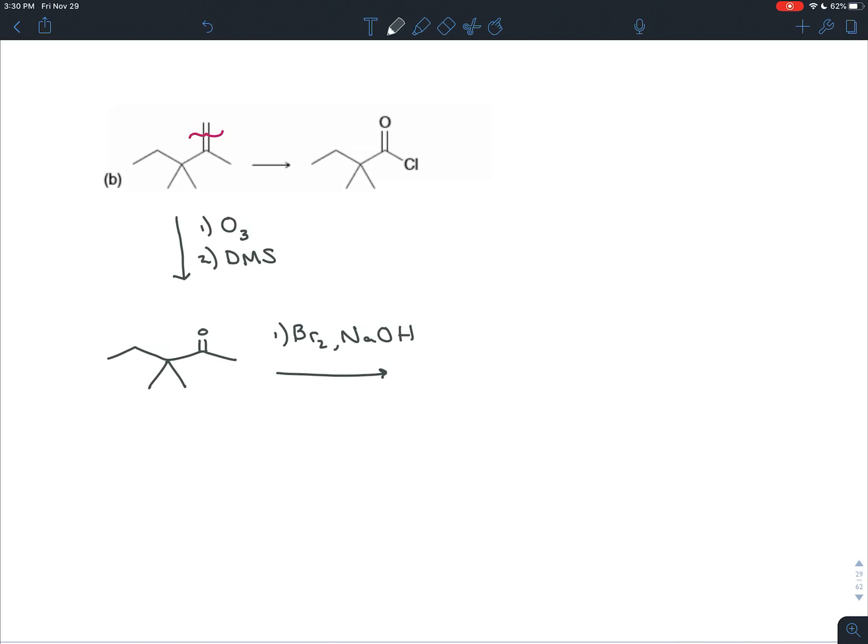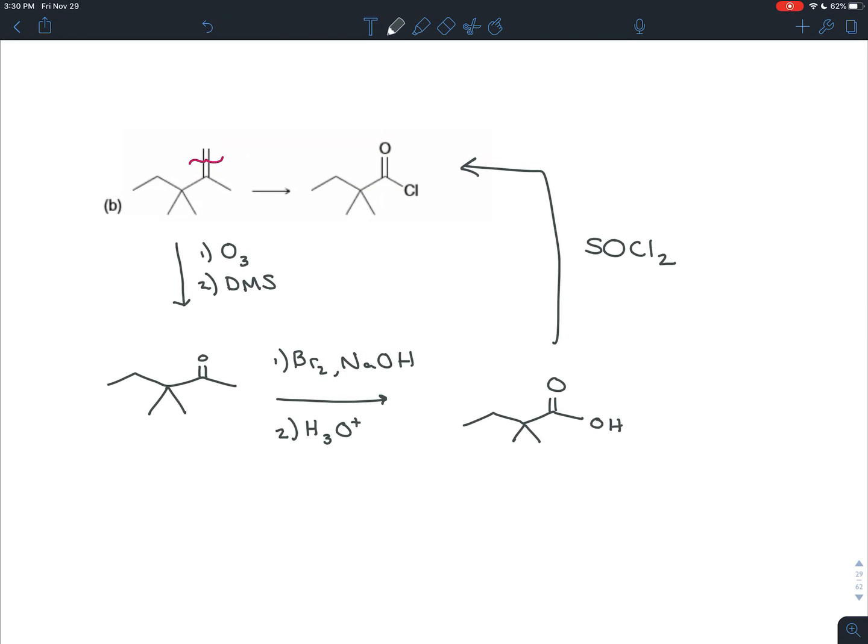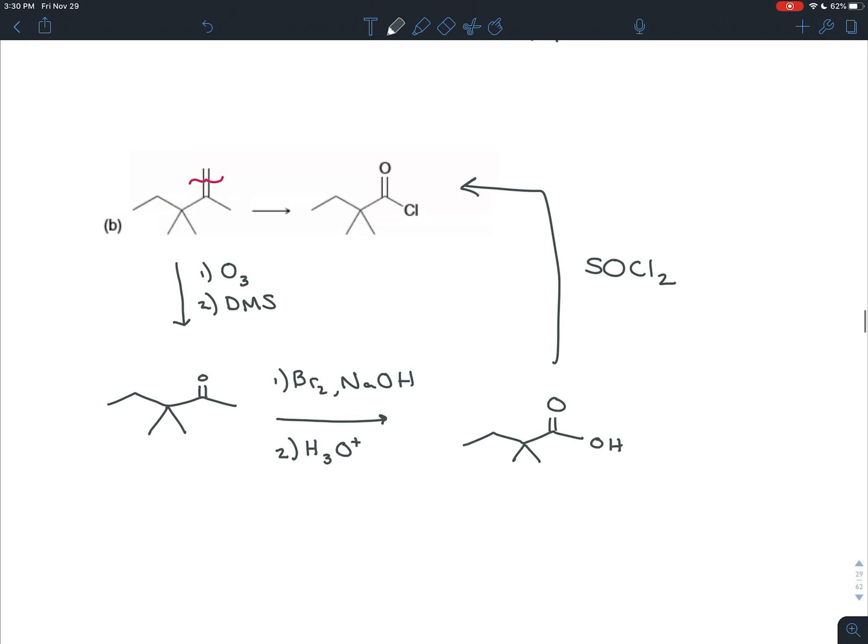That gives you the good leaving group there, and then does the nucleophilic acyl substitution reaction, but it also steals off the hydrogen of the carboxylic acid, so you do an acid wash to put the hydrogen back on. So after those two steps, what you end up with is the carboxylic acid where you had the methyl group. So how do you turn a carboxylic acid into an acid chloride? There's only one way. You have to use the nasty molecule, thionyl chloride. Very toxic, very dangerous, but very useful.